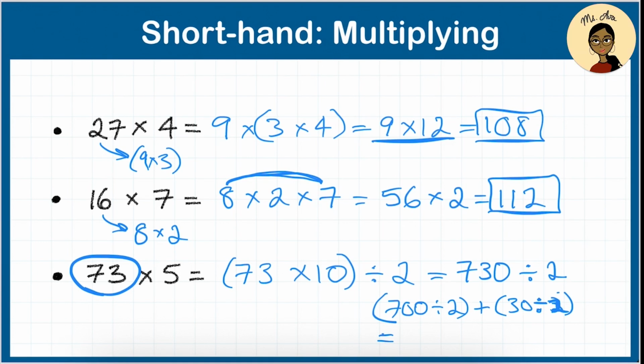Good, 350. And then 30 divided by 2 is? 15. Awesome. And then what is 350 plus 15 going to be then? 350 plus 15, that's going to be 365. Awesome, 365. So that's a quick way to multiply things by 5, is just multiply that number by 10 and then divide the answer by 2.